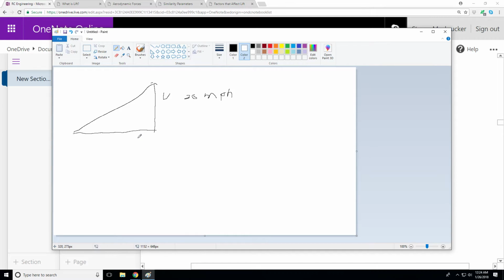Now let's say that I'm looking at a space of, obviously the units aren't going to work out, but let's just say that we're going 2 feet per second. So we're going 2 feet per second, and we're going to look at a blade. We're going to look at the tip of the blade.